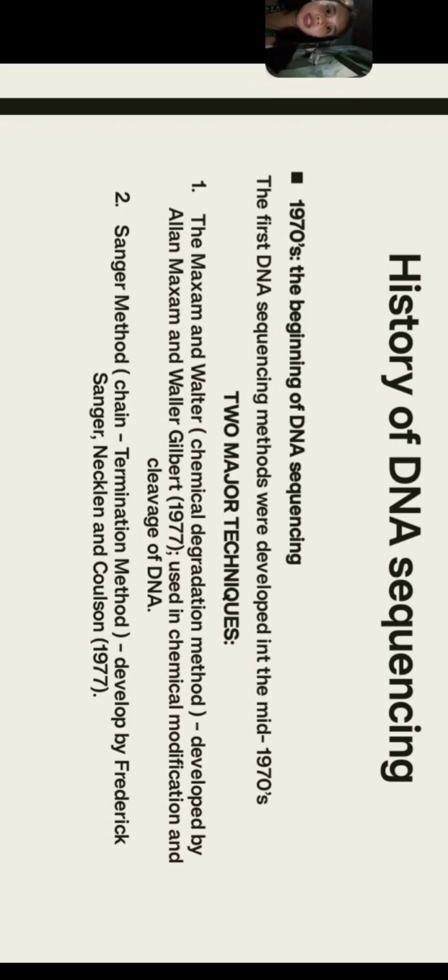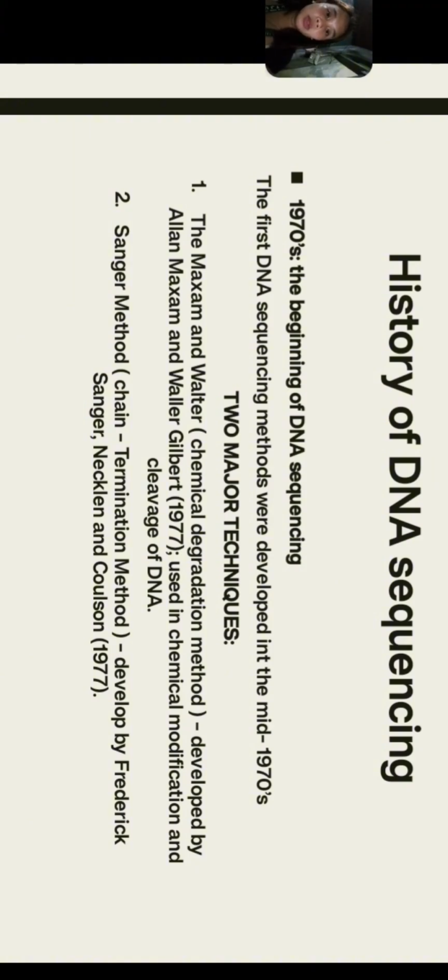History of DNA sequencing. 1970s, the beginning of DNA sequencing. The first DNA sequencing methods were developed in the mid-1970s. There were two major techniques: the Maxam-Gilbert and the Sanger method.